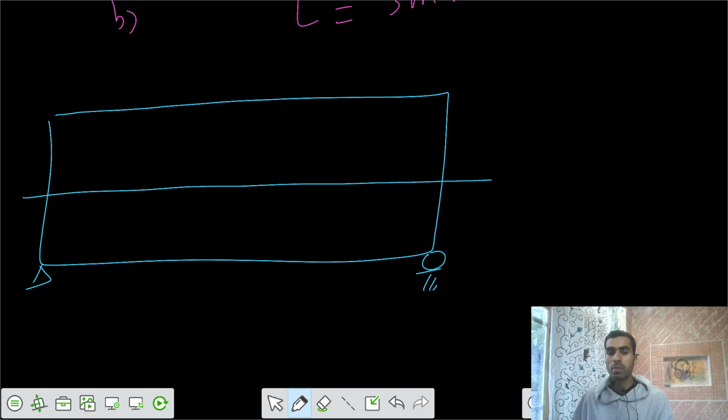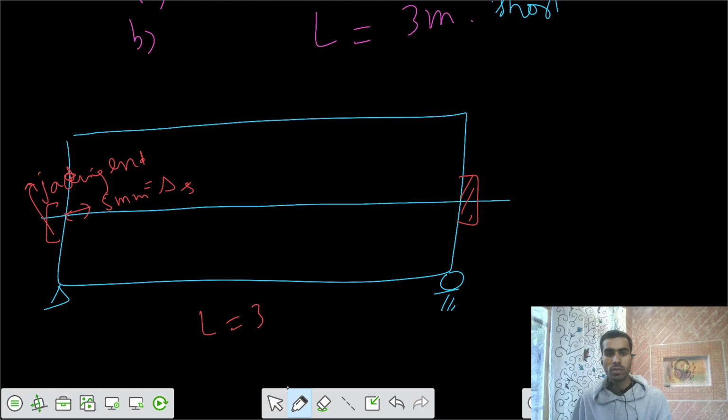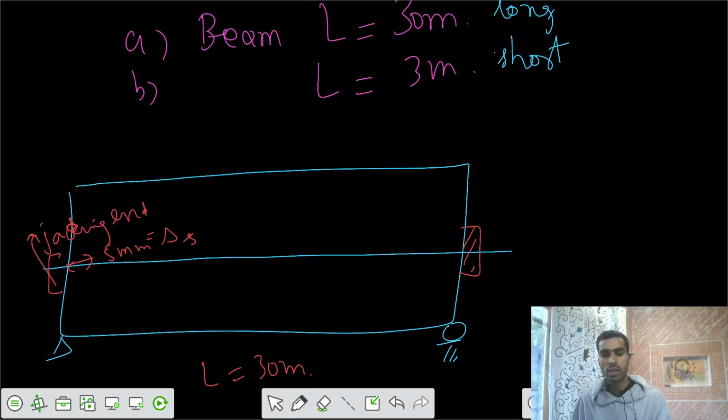Let's say this side is fixed, and from this side, the jacking end, we lose a slip of 5 millimeters. Delta slip is 5 millimeters and the length of the beam was 30 meters. That means the length of the cable is also 30 meters.